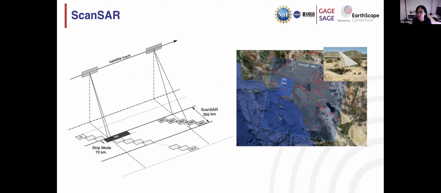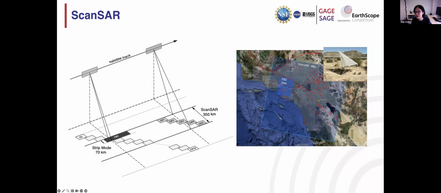The very first approach to get wide swaths is using ScanSAR. This is used in ALOS PALSAR and ALOS-2. You can get a comparison from this image on the right. For the typical Stripmap mode, the width is about, I think, 60 kilometers, if I recall right.